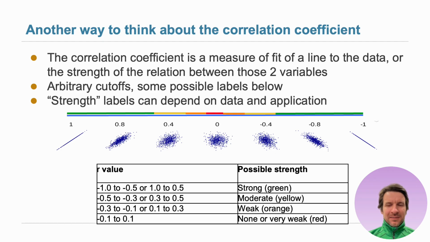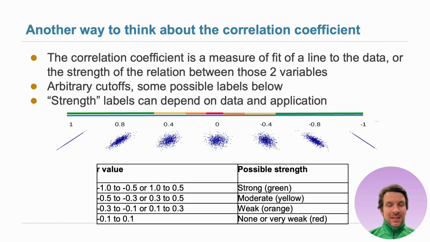For example, here we have a suggestion that if the correlation coefficient in absolute value is at least 1/2, then you say that it's strong. Between 0.3 and 1/2 it's moderate. From 0.1 to 0.3 is weak, and around 0 it is none or very weak. You can kind of see it on the line where at different thresholds of the r values you have examples of how the points look.